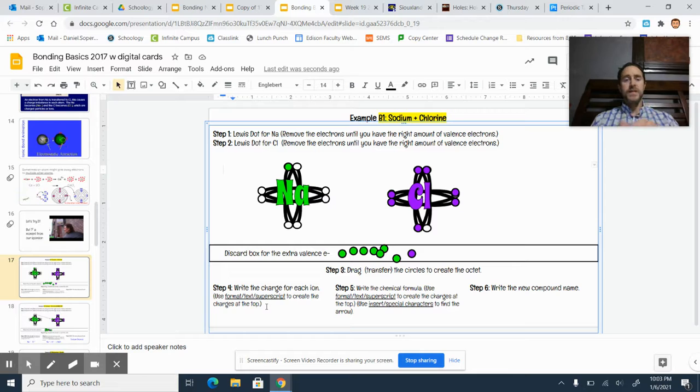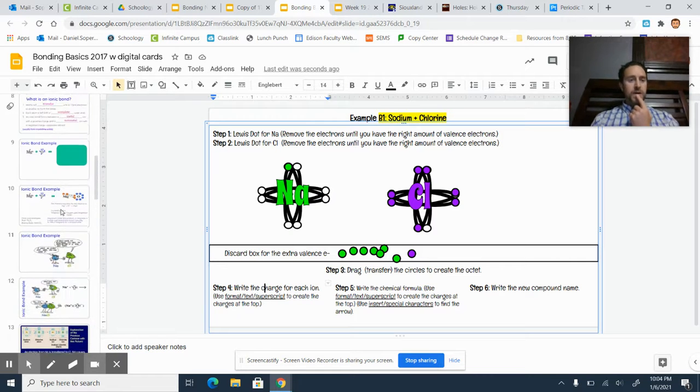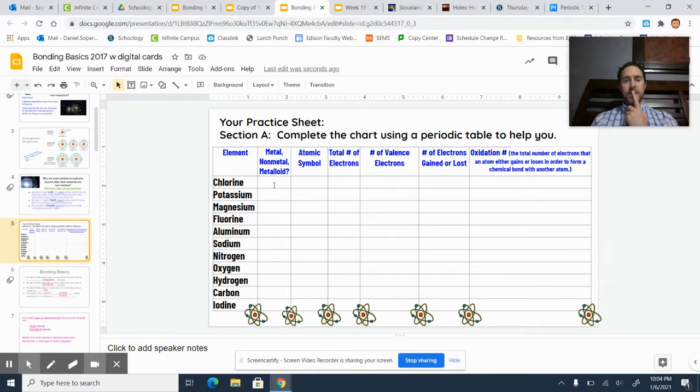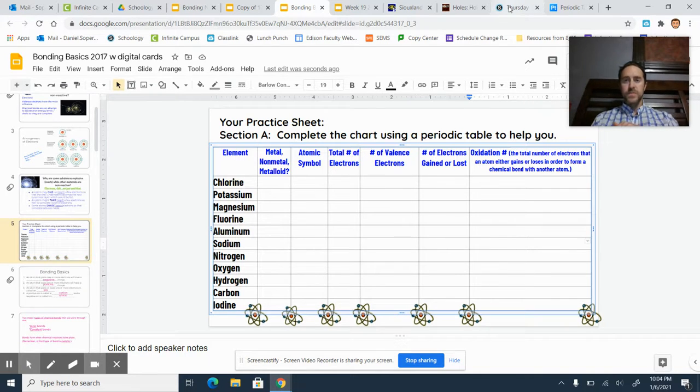The next step, you will write the charge for each ion. So for Na, we'll want to take a look at our table that we made yesterday and say, okay, sodium is Na right here. What is its oxidation number or its charge? I'll post the answer key for this separately, so double check this before you start the assignment.